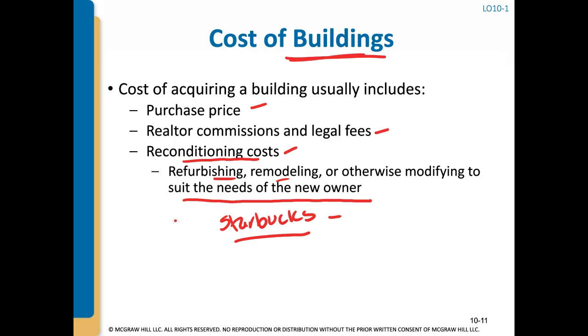That would be part of the cost of the building. If they had to put in new flooring or change the plumbing, because they want a bathroom on the right side instead of the left side where it originally is, that's all part of the cost of the building.